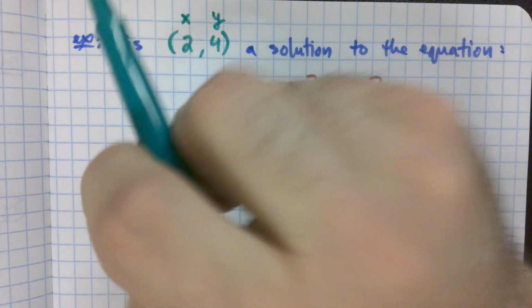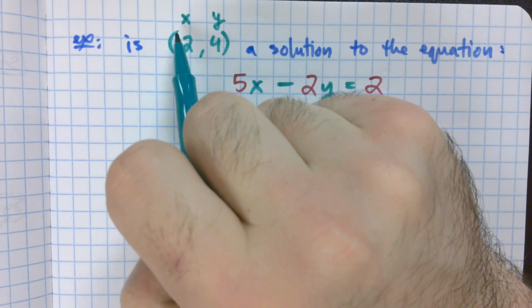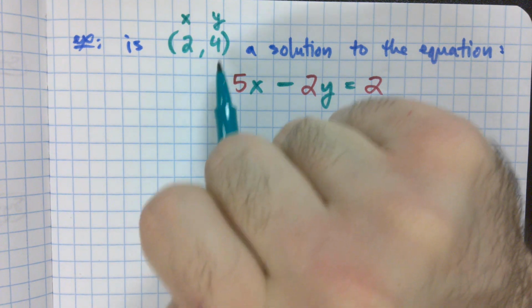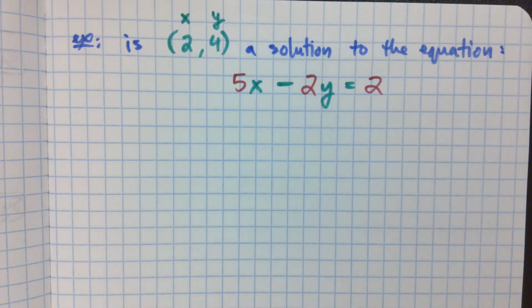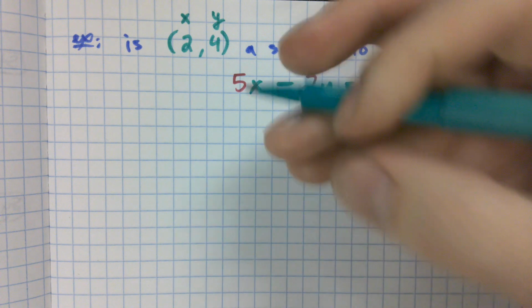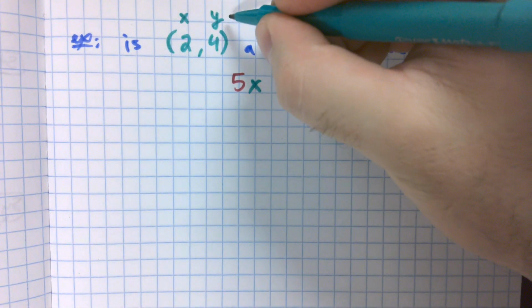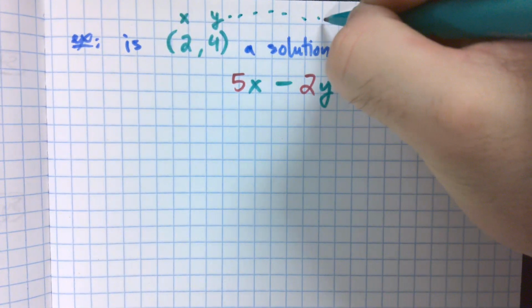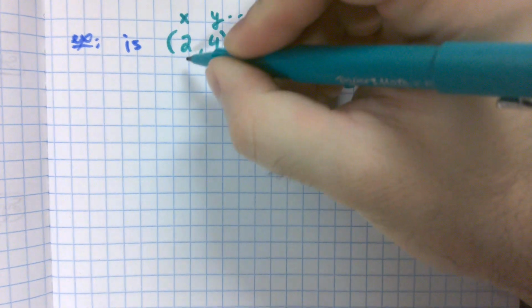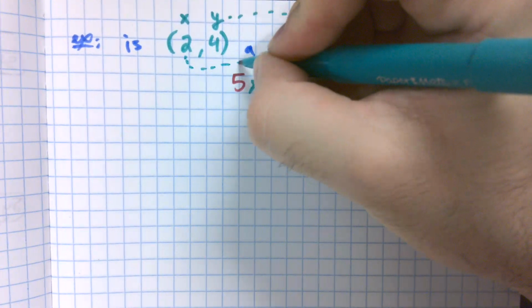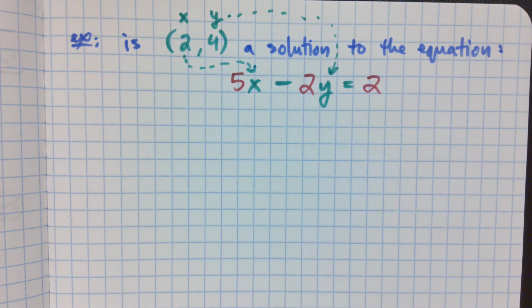So my first coordinate, 2, is my x coordinate. My second coordinate, 4, is going to be my y coordinate. So 4 is going to get plugged in for y, and 2 is going to get plugged in for x.